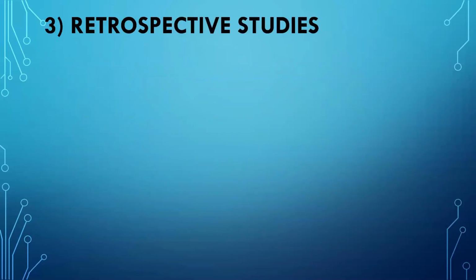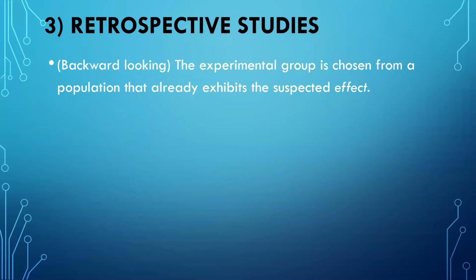A third type of controlled experiment is that of a retrospective study. And these are, as the name implies, backward looking. Here, the experimental group is chosen from a population that already exhibits the suspected effect. So the effect in question is already there in your experimental group.